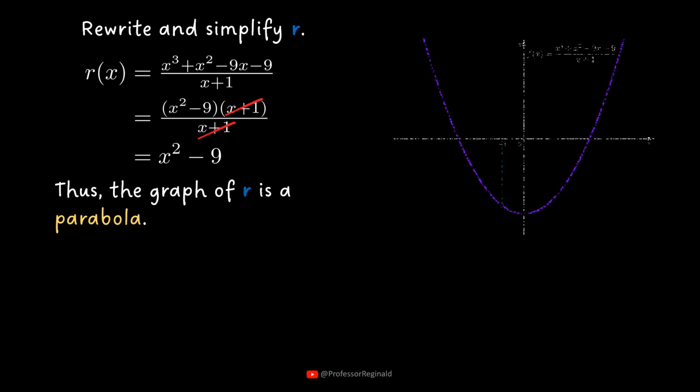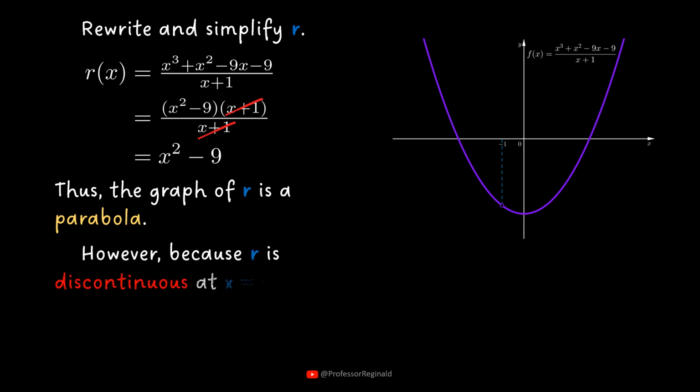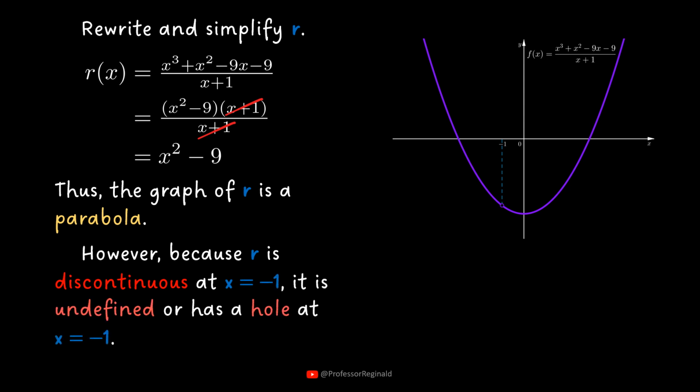The figure on the right shows the graph of r. However, because r is discontinuous at x equals negative 1, it is undefined or has a hole at x equals negative 1. In summary, r is continuous on its domain D.